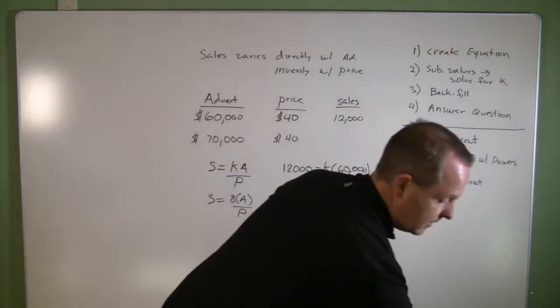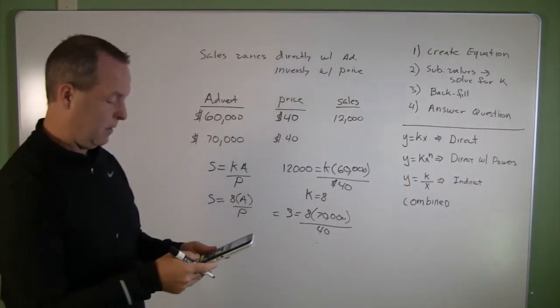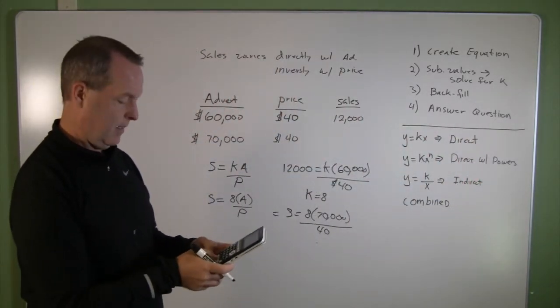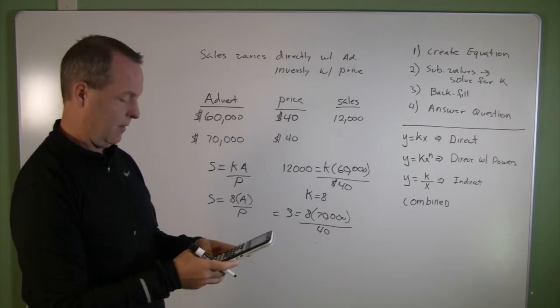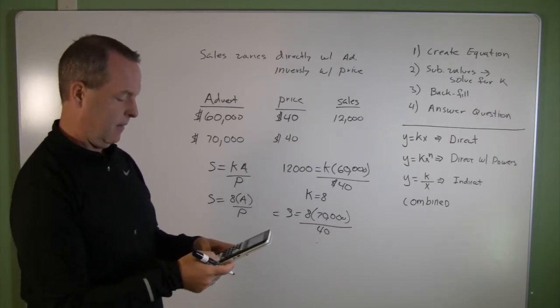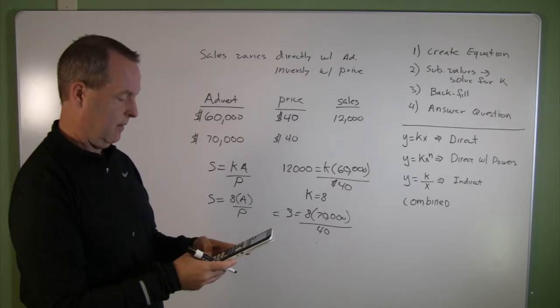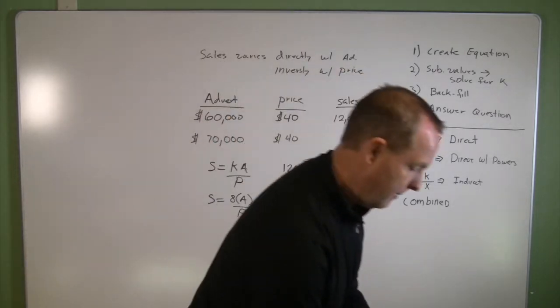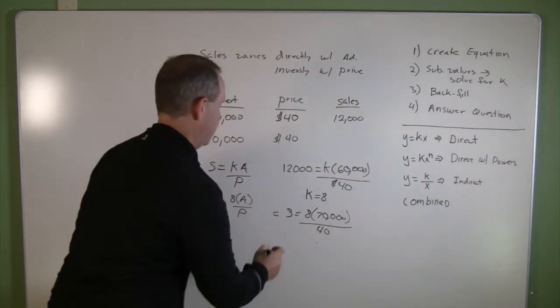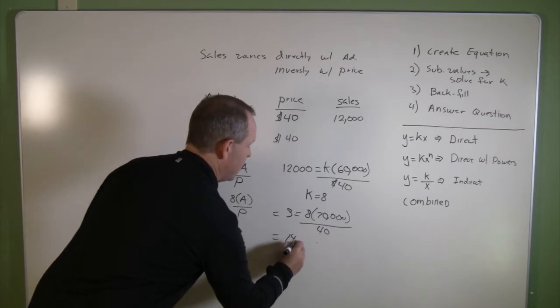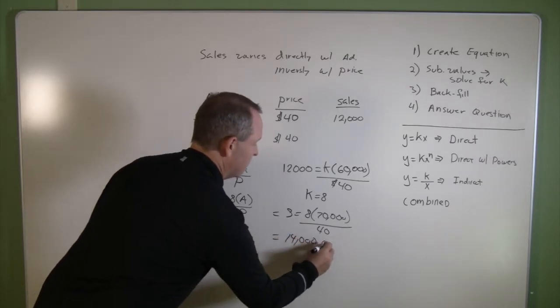Given that, I'm expecting the number of sales to be 8 times 70,000 divided by 40. And I'm expecting the number of units to be sold 14,000 units.